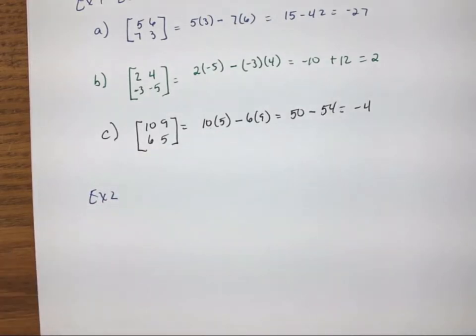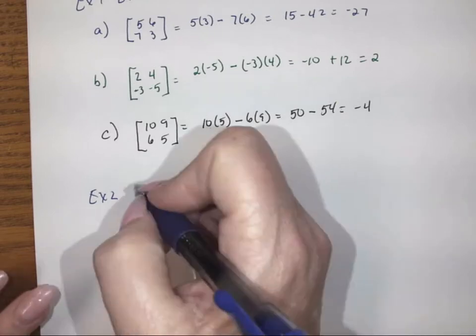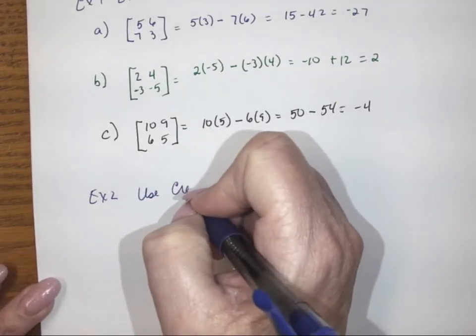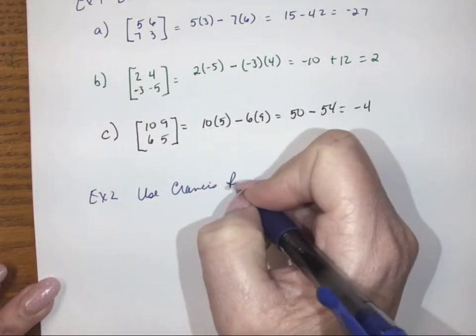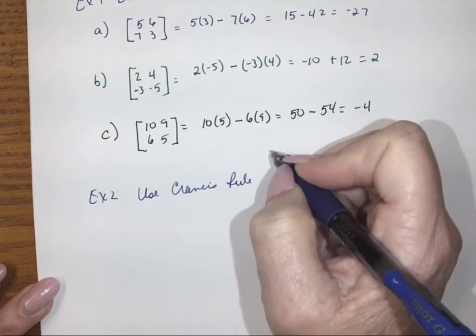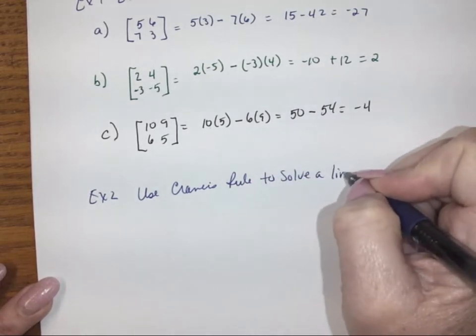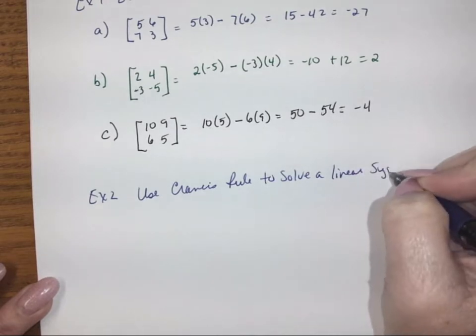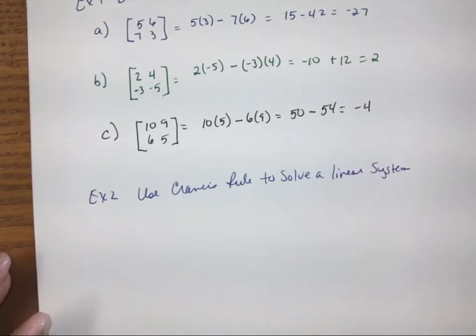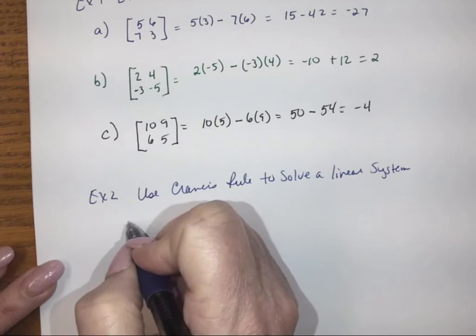Example 2, we are going to use Cramer's rule to solve a linear system. So here is our system.